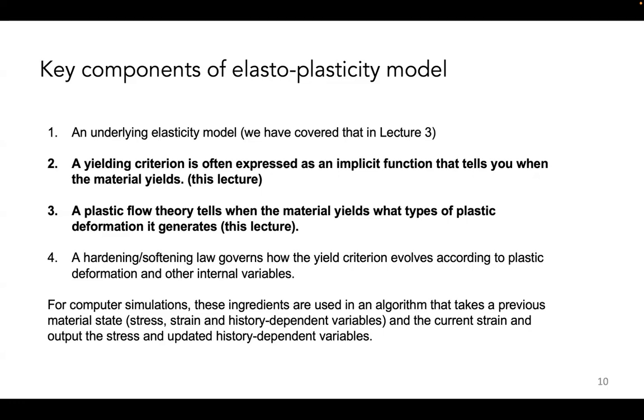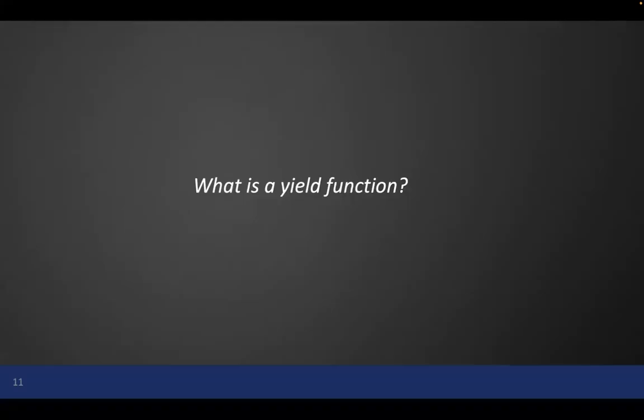In a sense, like a parking ticket, if you cross the state, the speed limit may be different, or on a highway versus local roads. So the location could be a parameter that you consider as your hardening or softening law for the parking ticket. That's the analogy.